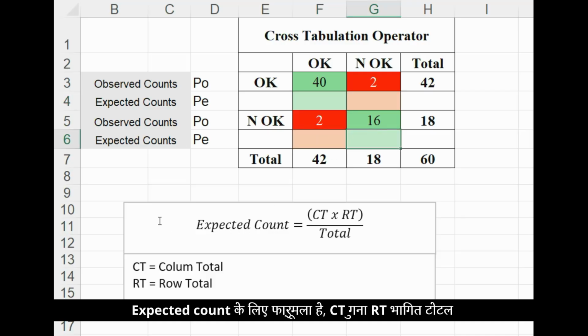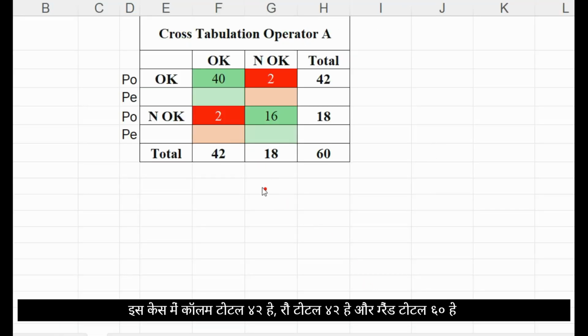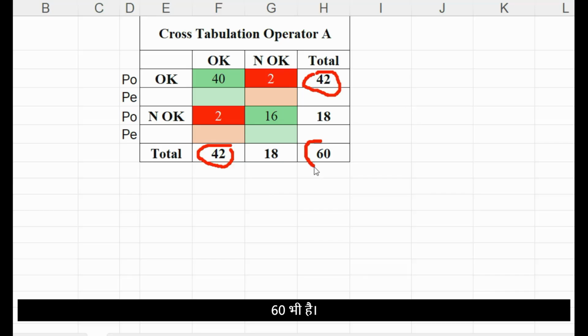The formula for expected count is CT multiplied by RT divided by total. CT is the column total, RT is the row total. So in this case, we can see column total is 42. Row total is also 42 and complete total is 60.